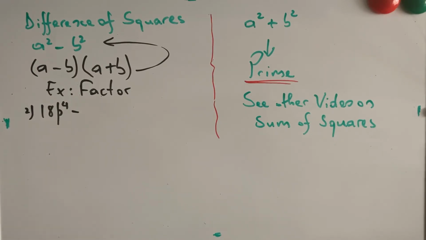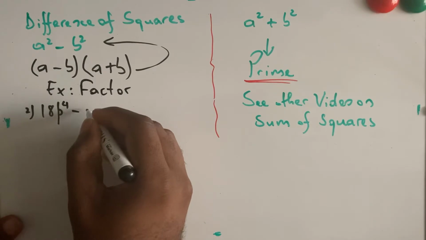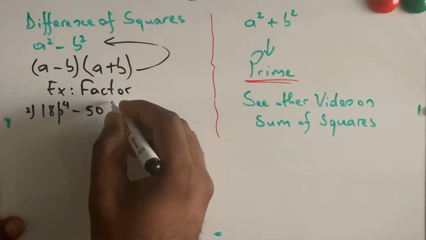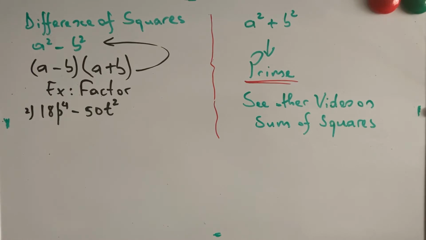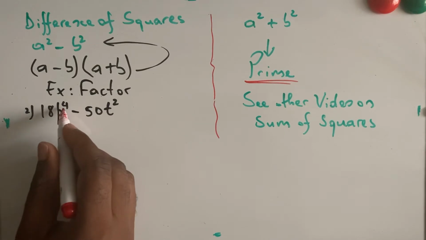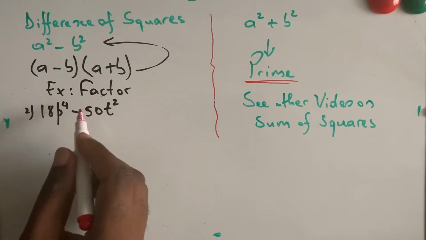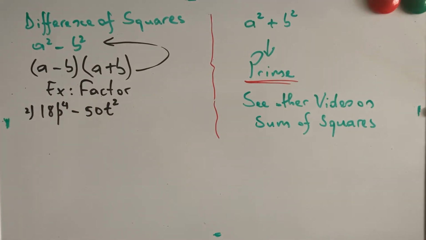Okay, 18p to the fourth minus 50t squared. All right. Now, for exponents, as long as the exponent is divisible by 2, you know it's a perfect square, okay? It can be written as one thing times itself, okay?